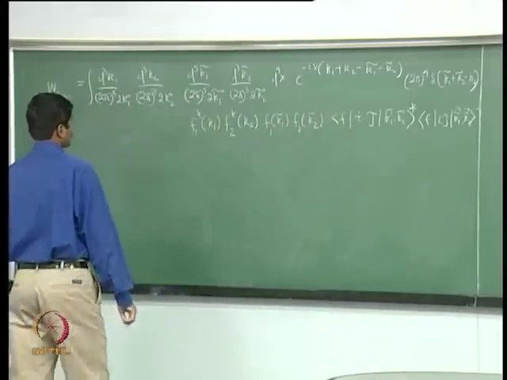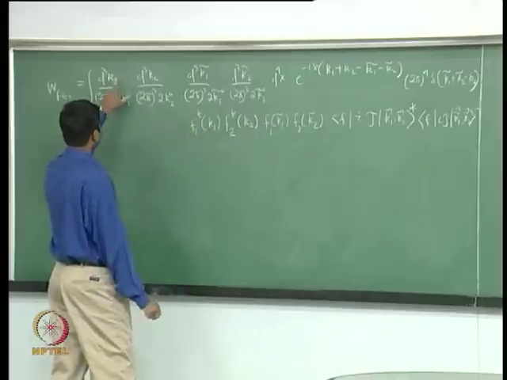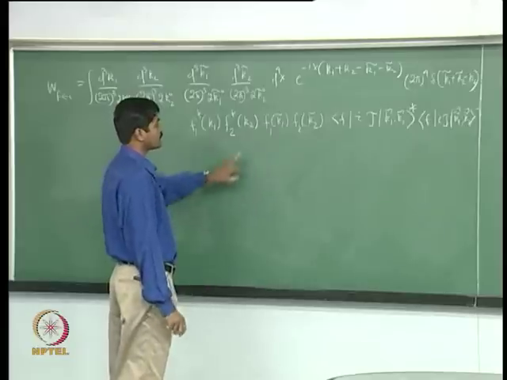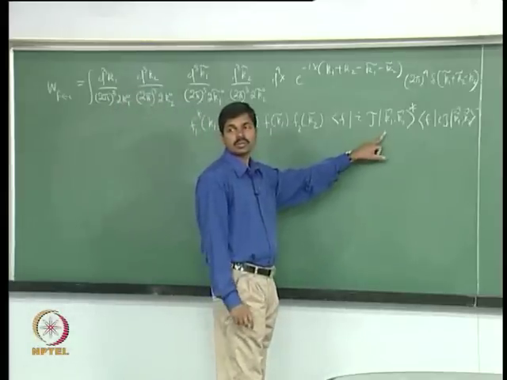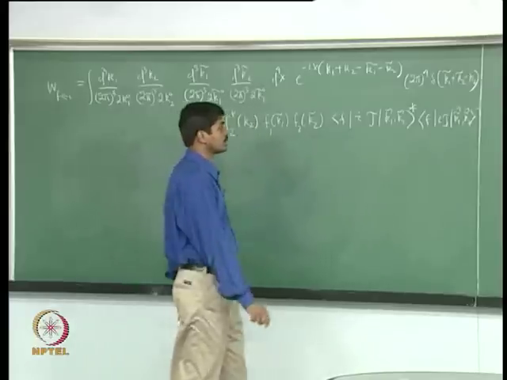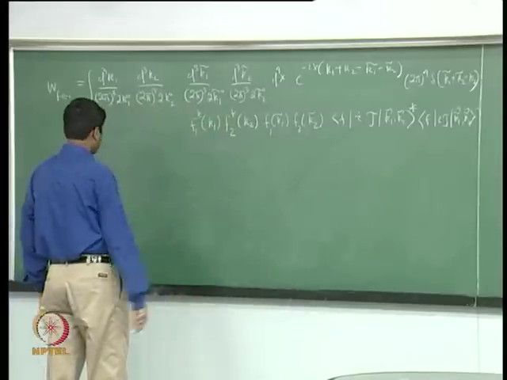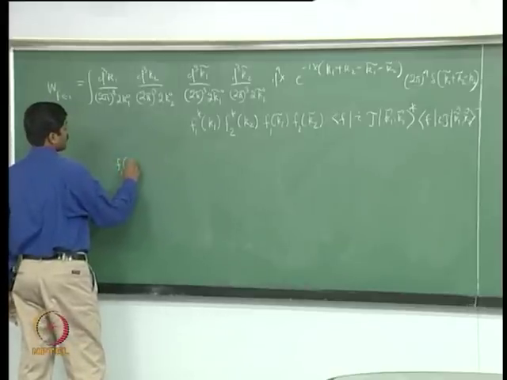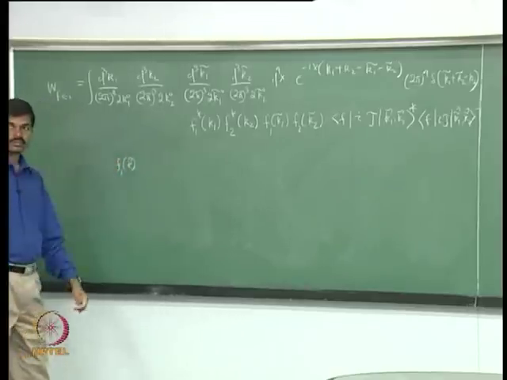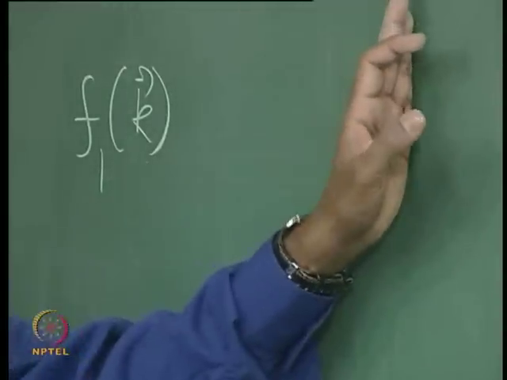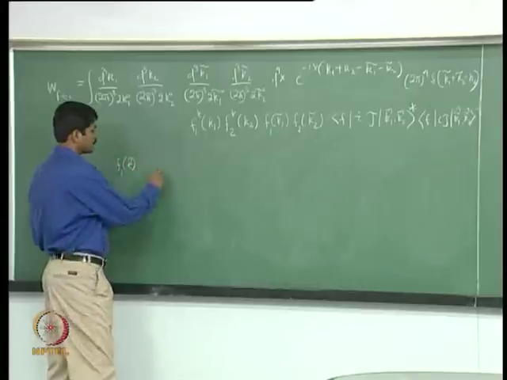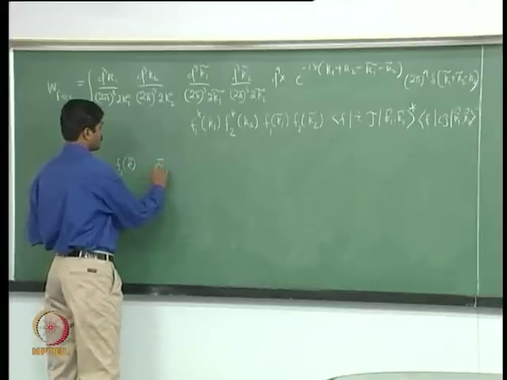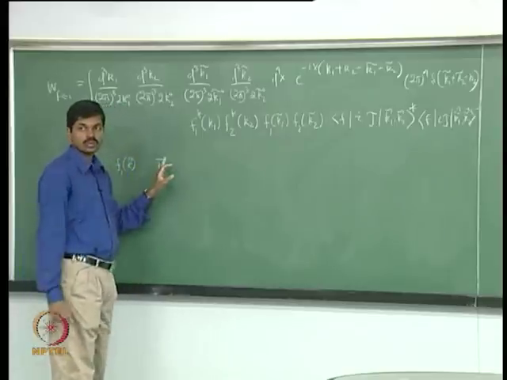Now, what I will do is that I will carry out the k integrations by making the following assumption. The assumption is that because we have assumed these functions f1, f2, etc. are at some distribution which is peaked at some value k bar, let us say f1(k) is peaked at k1 bar and so on.